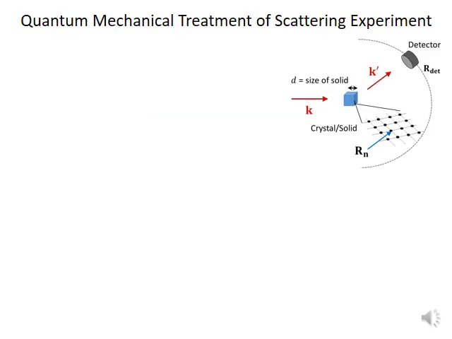So going back to what we did last time, we had an incident electromagnetic wave with a wave vector k, and we were looking at the probability that you would see a constructive interference in a certain direction from the scattered waves.